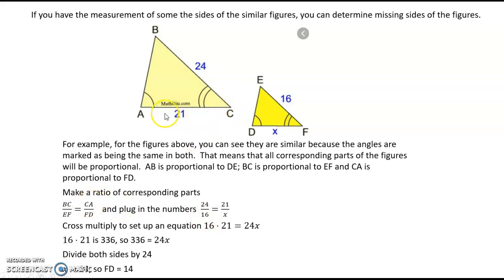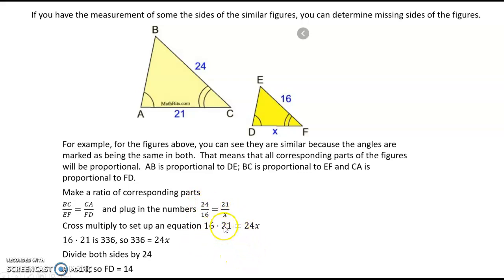CA is 21, so we put 21, and FD is X. Then we can cross multiply to set up an equation. 16 times 21 equals 24 times X.